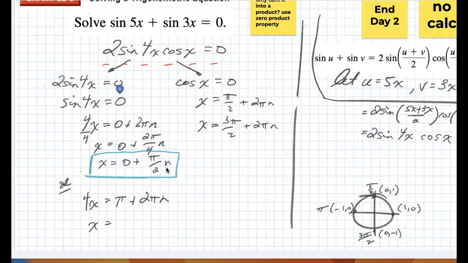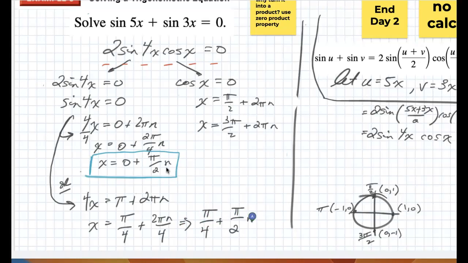So really my solution arrows point to here and to here, sort of a double branch off of the left-hand branch. And then, again, we have to divide here by 4. So 2 pi n over 4 means that this is pi over 4 plus pi over 2n. So these are even more new solutions. Actually, this is. So we have to put a blue box around that to emphasize that's part of our solution.